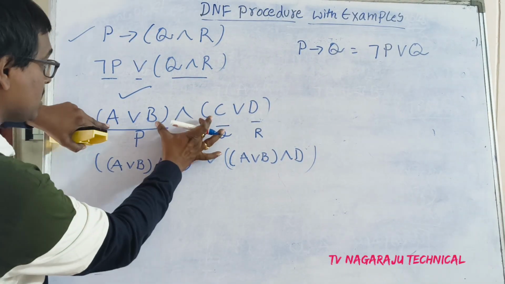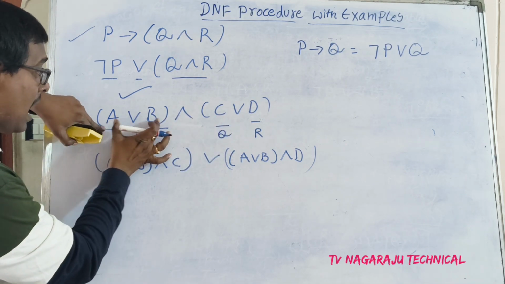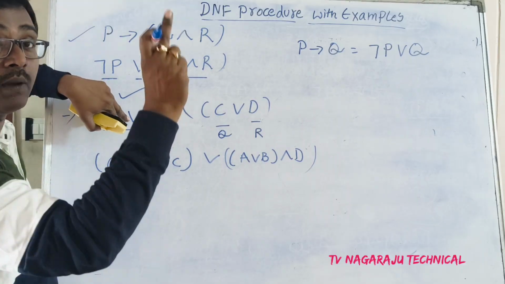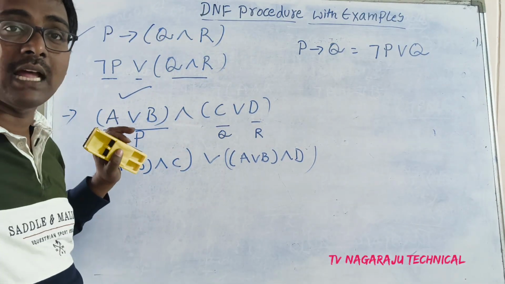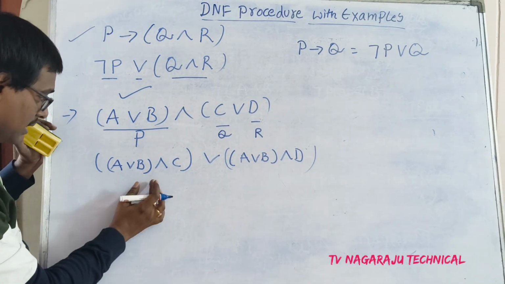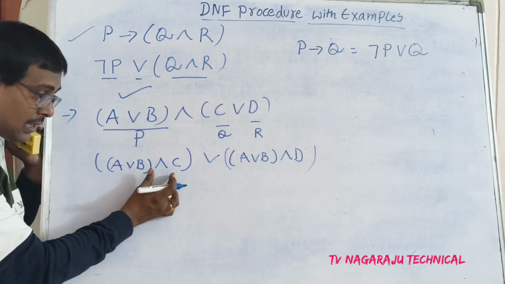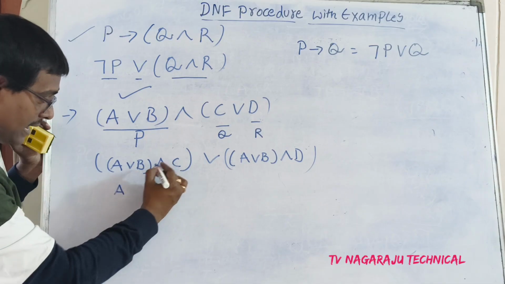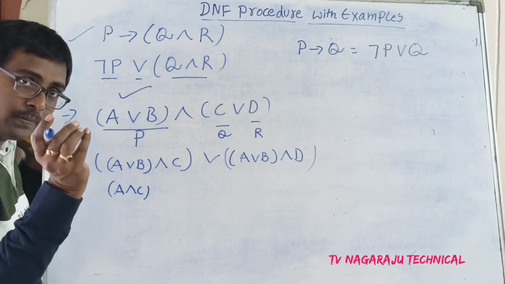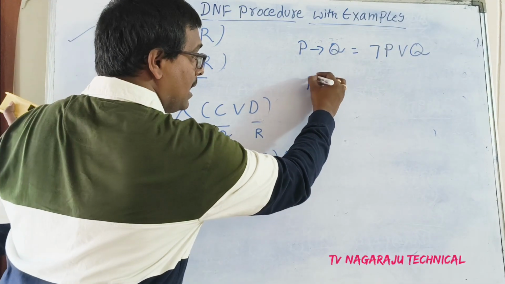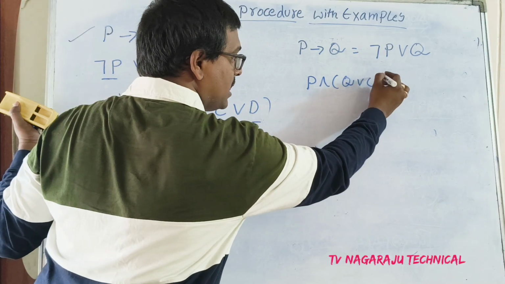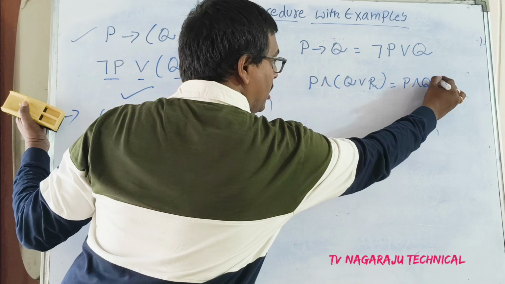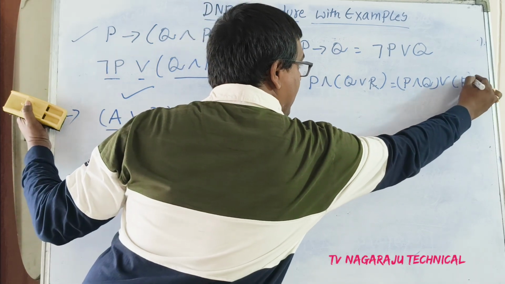You may have a question: sir, can you do this as (A or B) and C? Yes, but if you apply that, it moves to CNF, that is an OR of AND terms. We will discuss that later.